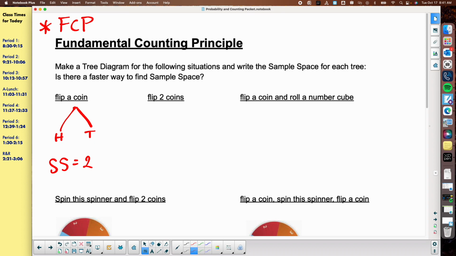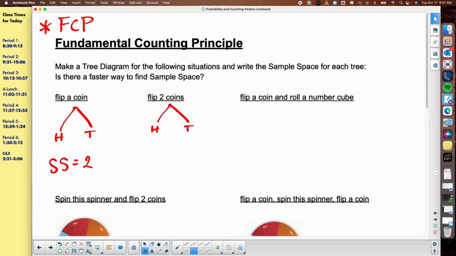So let's flip two coins. Start off with a dot. We're going to flip a coin. Two things can happen. Okay, well, if I follow the tree branch, so I flip a coin, let's say I got a heads.